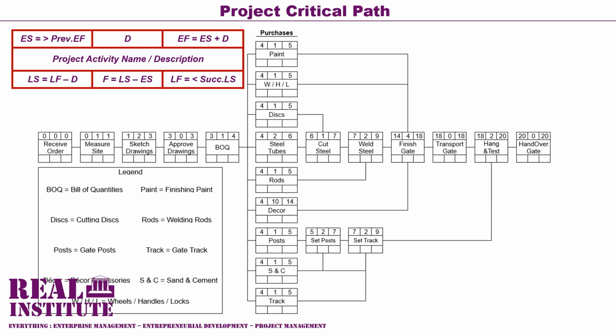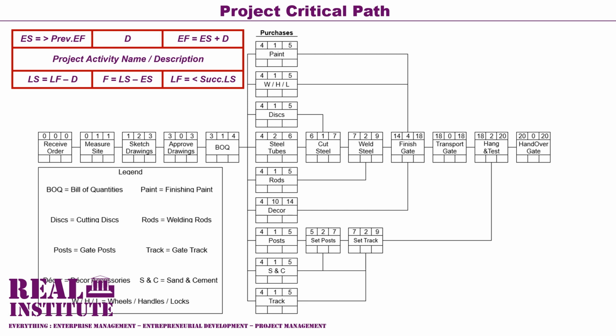As a result, all these order or purchase activities have early start values equaling 4, and their respective early finishes are calculated from adding their early start values of 4 to their respective duration values. For example, activity 10, the order or purchase deco accessories activity, already has a duration of 10, and therefore its early finish, calculated from adding its early start and its duration, is 14, because 4 plus 10 equals 14.